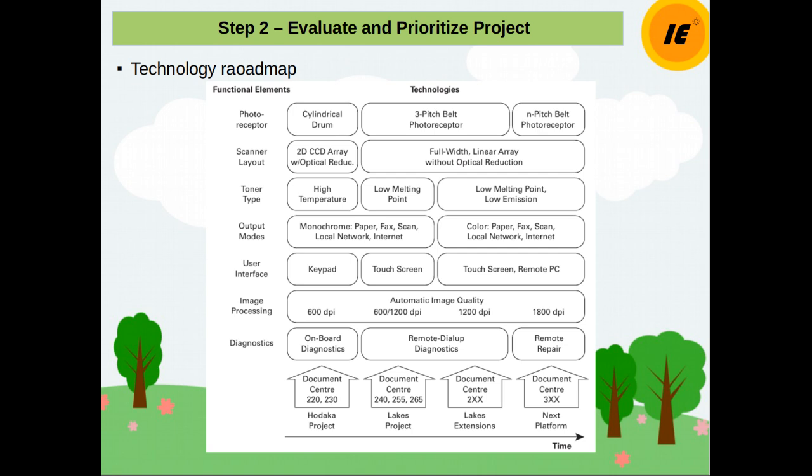These are more technical terms, but we can see with time each segment, for example image processing, previously 600 dpi, now more about automatic image quality. User interface is also a subsystem.